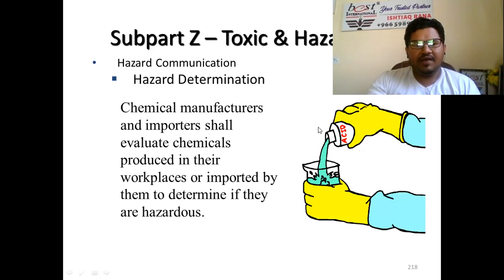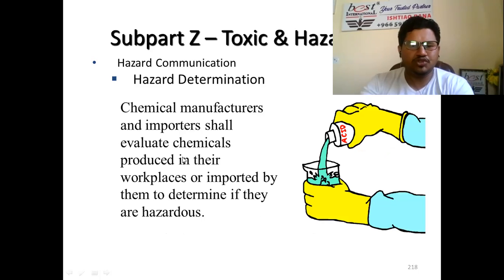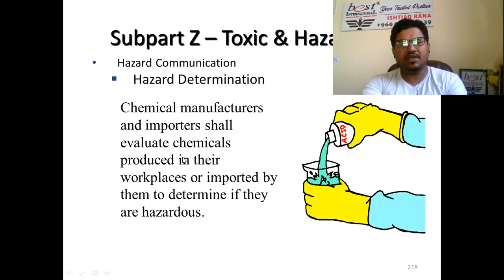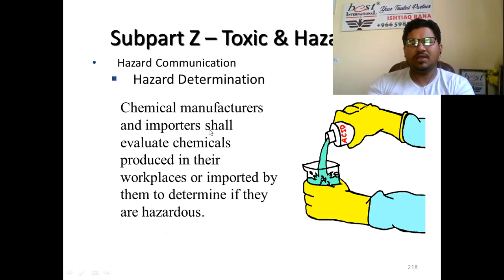And make sure you have chemical manufacturers and importers evaluate chemicals produced in their workplaces or imported by them to determine if they are hazardous. So all hazardous chemicals must have a material safety data sheet, or TDS, or SDS, in other words, safety data sheet, so we can easily become familiar with how dangerous this chemical is.